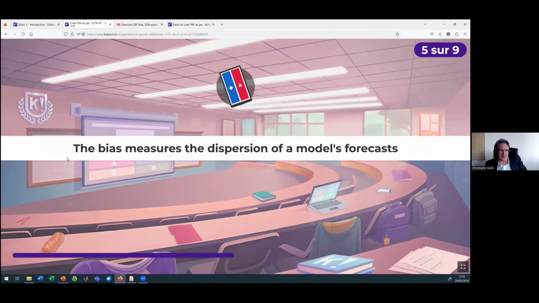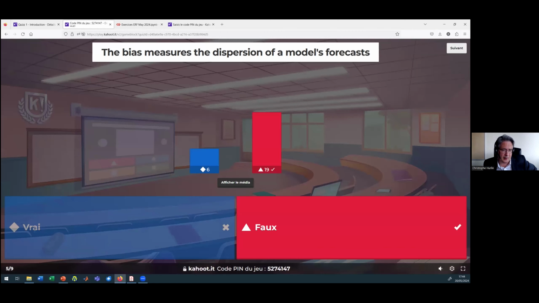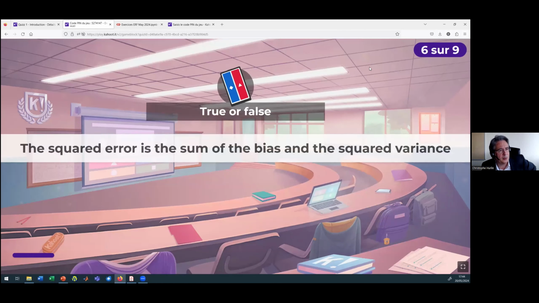True or false? The bias measures the dispersion of model forecasts. Great, this is false. It is the variance that measures the dispersion of a model's forecasts. True or false?